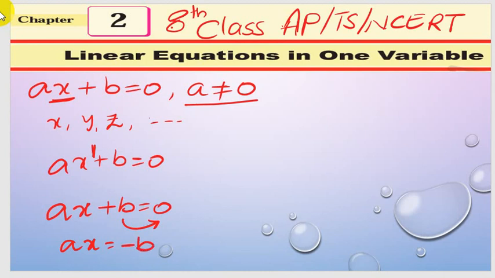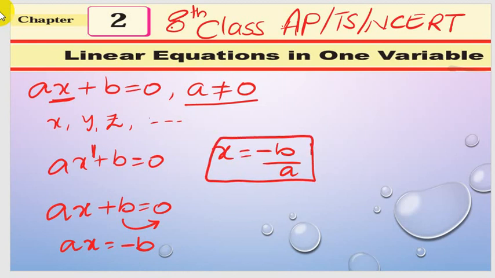We are going to discuss these transpositions in the next part, right? From this we get x is equal to minus b by a. This is the value of x for this equation, right? Here x is the unknown which we have found.